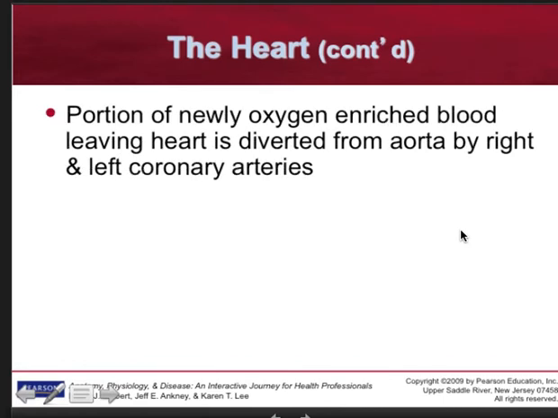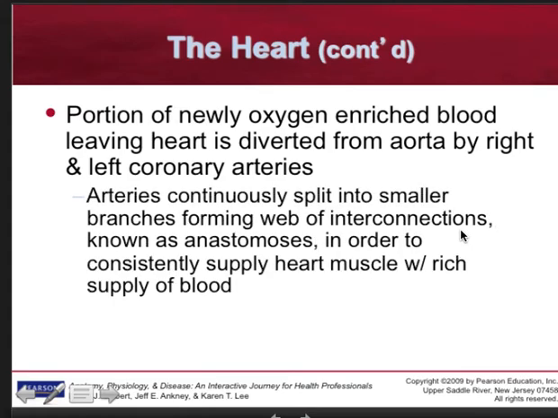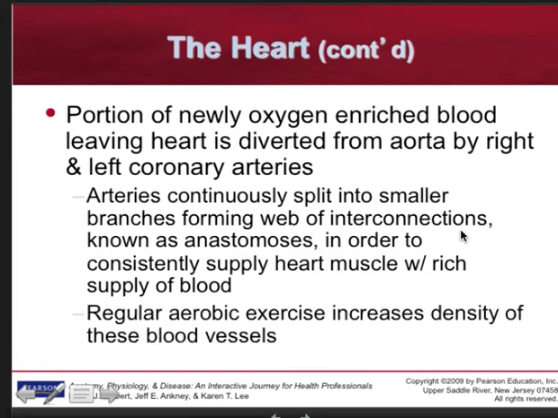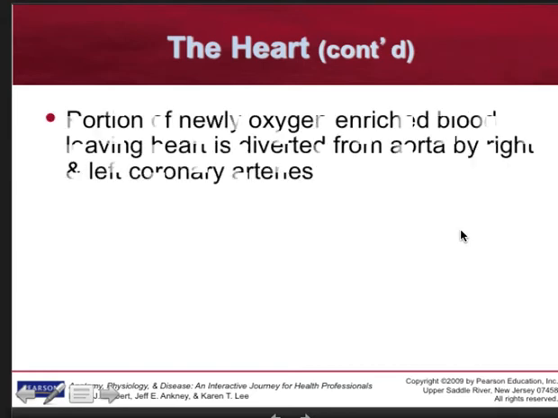The portion of the newly oxygen-enriched blood leaving the heart is diverted from the aorta by the right and left coronary arteries, which continuously split into smaller branches, forming a web of interconnections known as anastomoses, in order to consistently supply the heart muscle with a lot of blood. Regular aerobic exercise increases the density of these blood vessels.